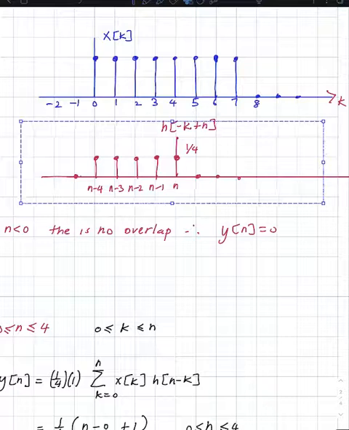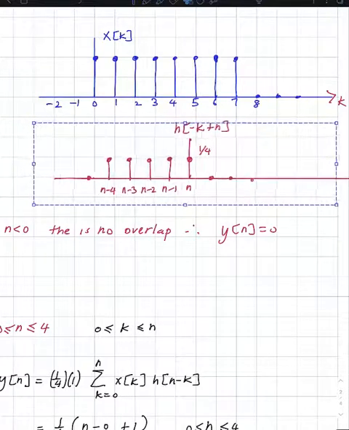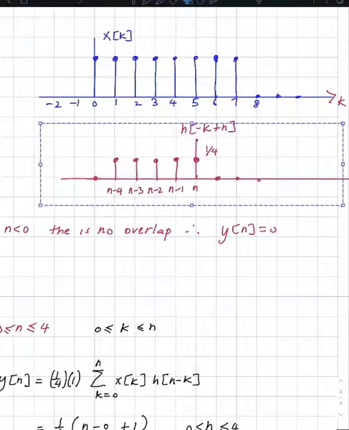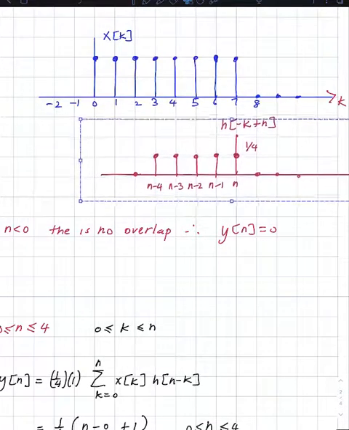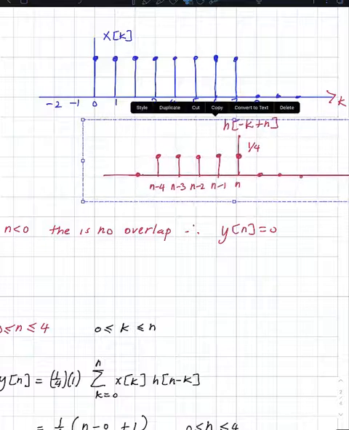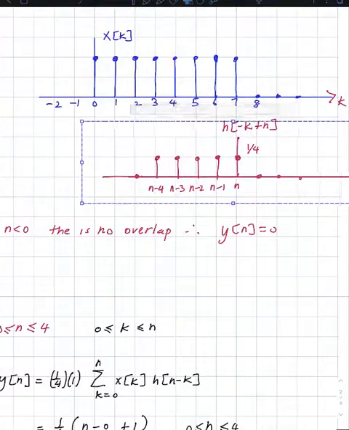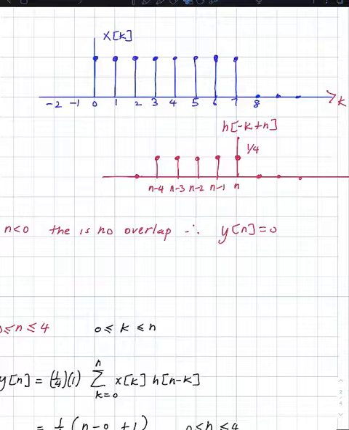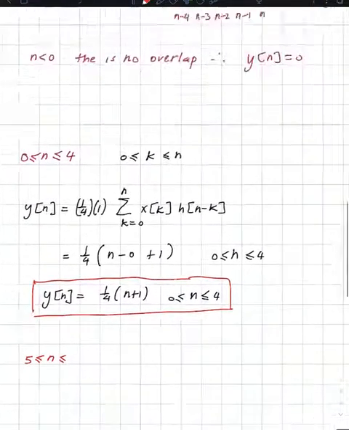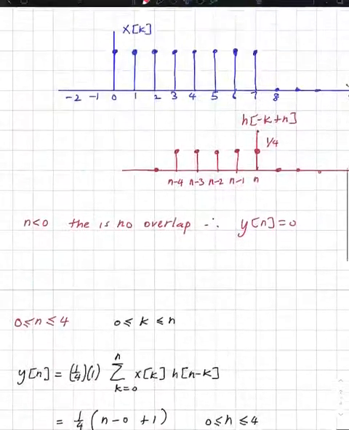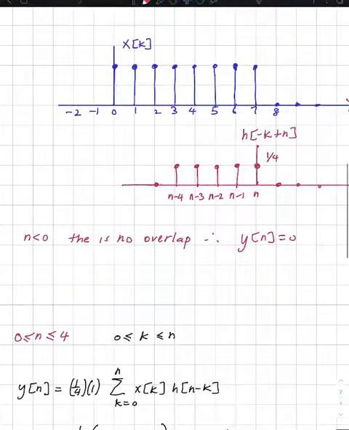Next, if we continue to slide, then n has to go beyond 4. Sorry, n has to be greater than or equal to 5. n equals 5, n equals 6, and n equals 7. After that there's no signal, so you just stop here. So n has to be greater than or equal to 5 but less than 7.